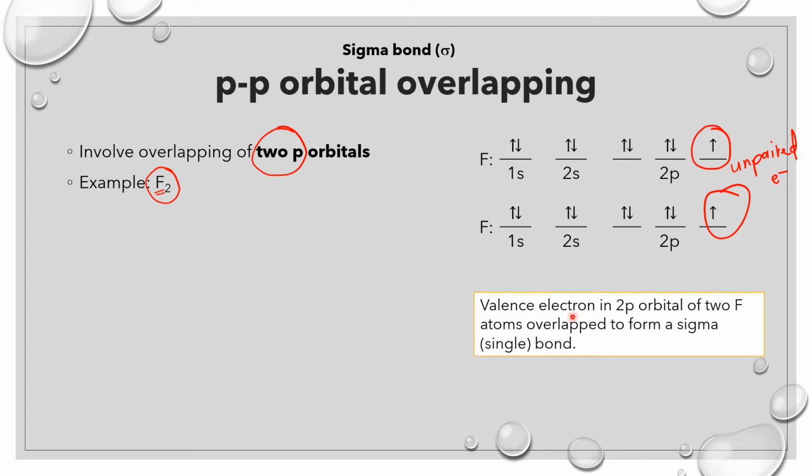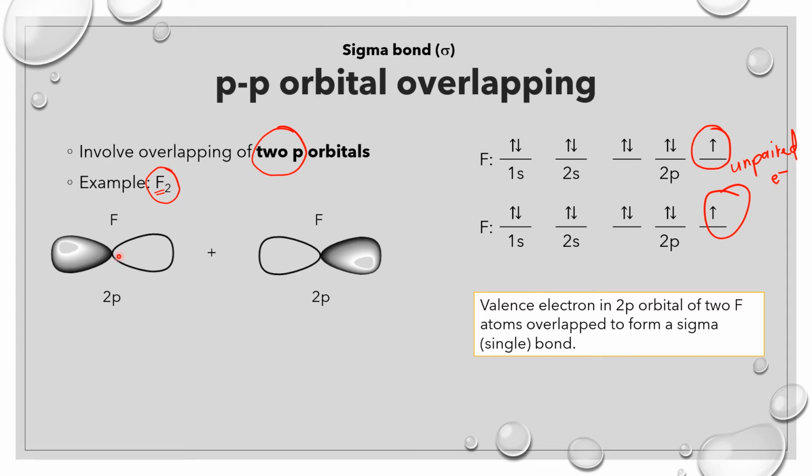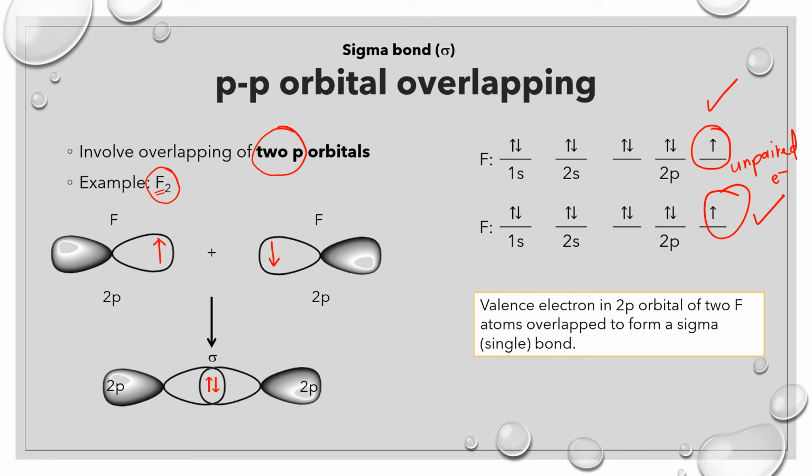One valence electron in 2p orbital of each of the two fluorine atoms overlaps to form a sigma bond. To show the overlapping between these two orbitals, let's draw the 2p orbitals for each fluorine atom over here. And not to forget, in each orbital, we have one unpaired electron. When these two orbitals approach each other, overlapping will occur end to end or head to head, and this is the area of overlapping.